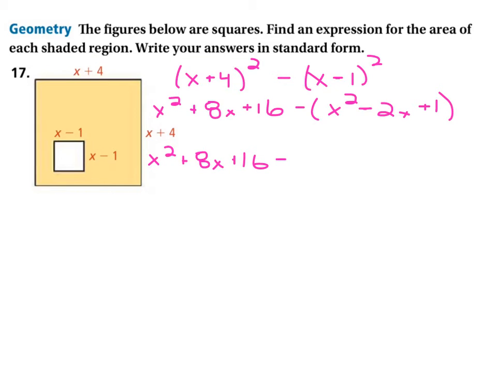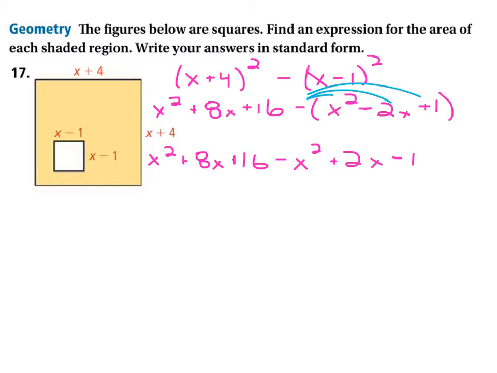And we're going to say minus, and here we are distributing this negative: change the sign, change that sign, change that sign. Okay? So x squared becomes negative x squared. Negative 2x becomes positive 2x. And plus 1 at the end becomes minus 1.